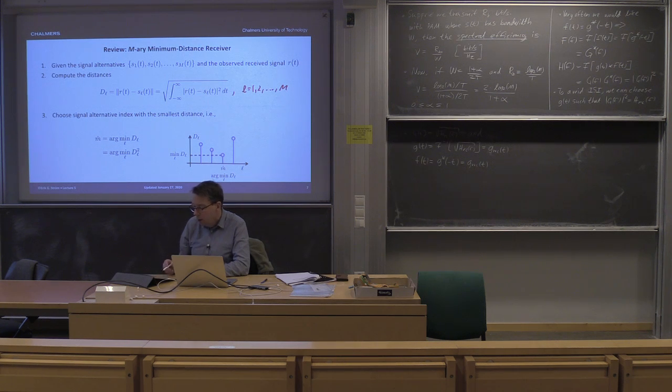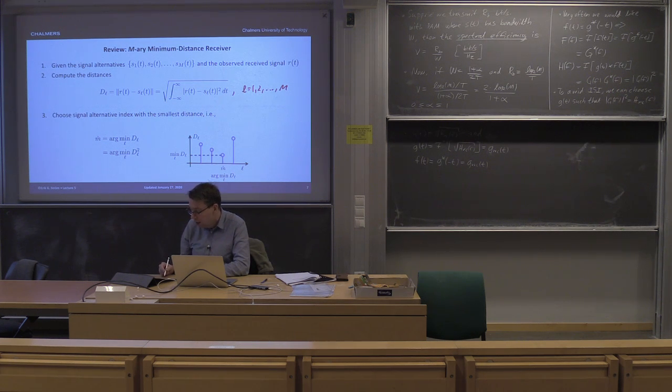Then we choose the signal alternative index which has the smallest distance. If we plot D of l like this, we find the minimum and then look at the index of that distance. We call that m hat, and m hat is our decision on what has been transmitted.